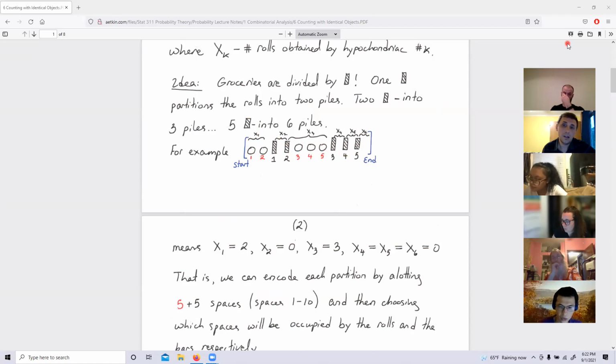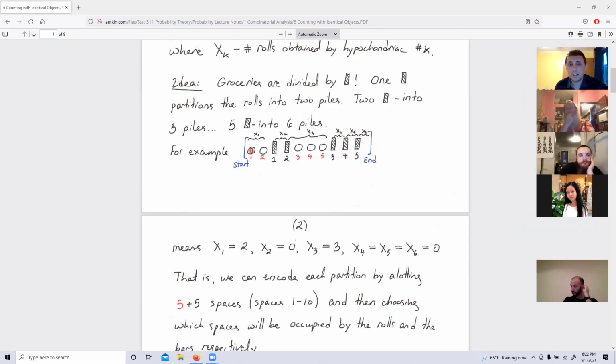Well, the knights are the 10 spaces, right? So we have space 1. Is space 1 a toilet paper roll, or is it a bar? Yes. So when we assign the barcode, what's distinguishable here? Space 1, space 2, space 3, space 4, space 5, 6, 7, all the way to 10.